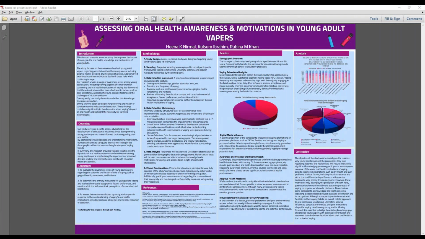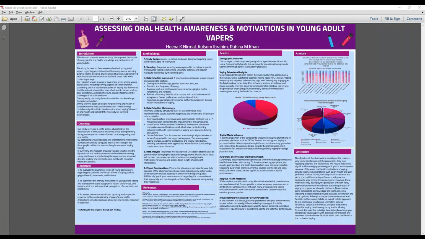Moving on to our methodology, our study was conducted as a cross-sectional study targeting young adult vapers aged between 18 and 30. We used purposive sampling to recruit participants from various vaping communities, universities, and popular hangout spots.